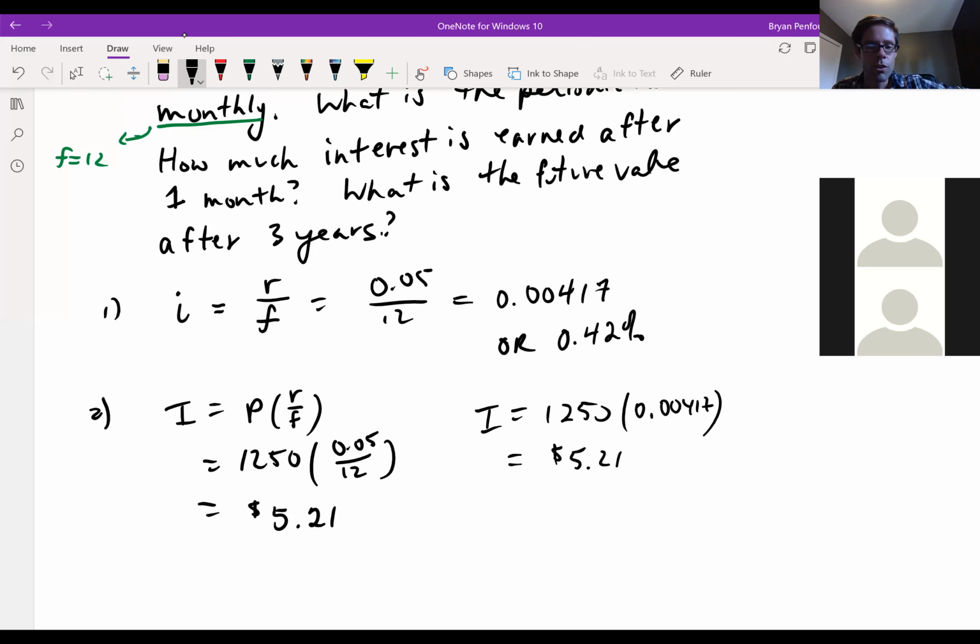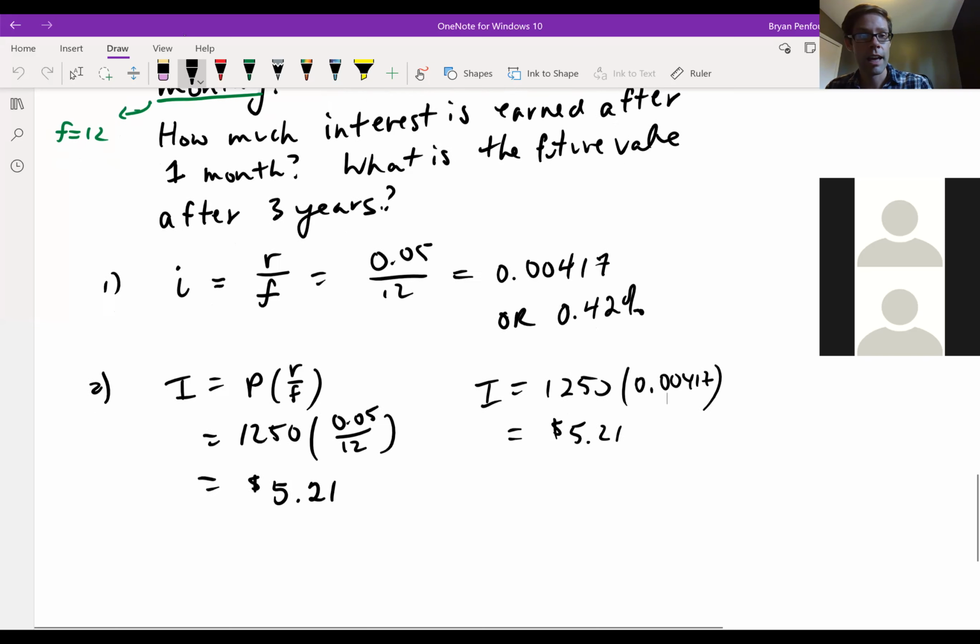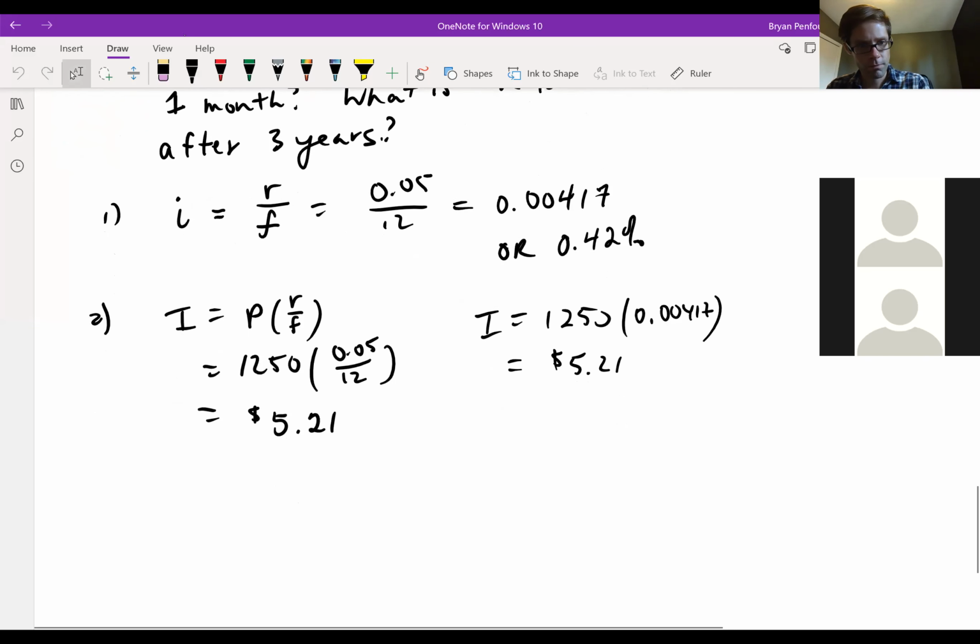Perfect, yeah. So whether you use R over F or replace R over F with i, it doesn't really matter to me. You end up at the same final solution, but that's the relationship between the periodic rate and the nominal rate.